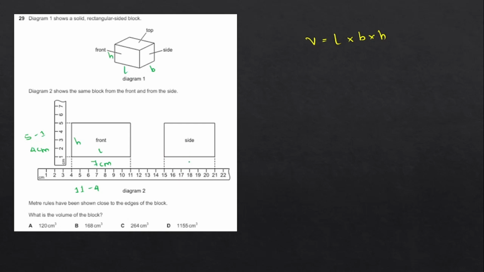Now if I want to calculate breadth, let's look at the side view. So 21 minus 15, and that is 6 centimeter. So 6 centimeter will be the breadth of this block. Let's input all these values in the formula. So this will be equal to 7 times 6 times 4. Let's use a calculator to compute this.